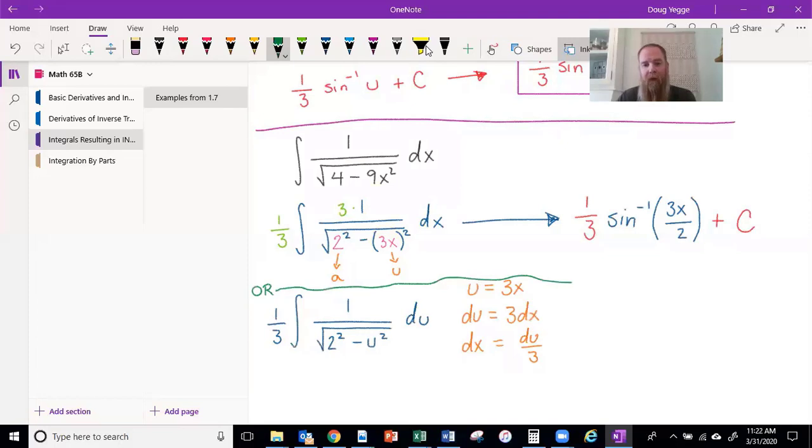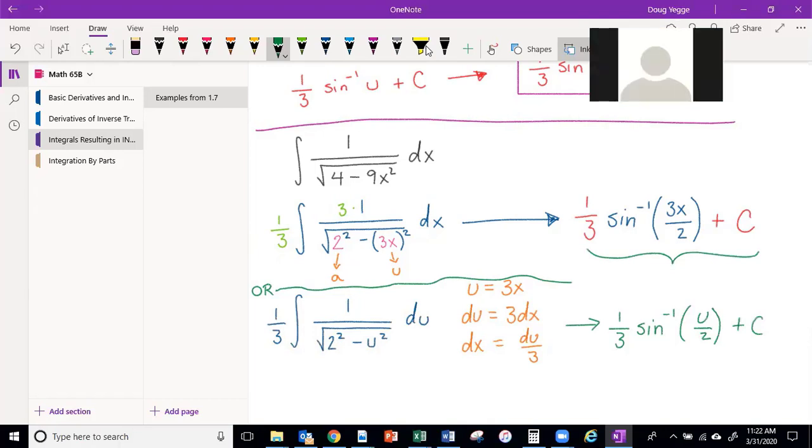Which means at that point you would have gotten 1/3 sine inverse of u over 2 plus c. And then you would have realized the u is 3x, and you would have gotten exactly to this point.